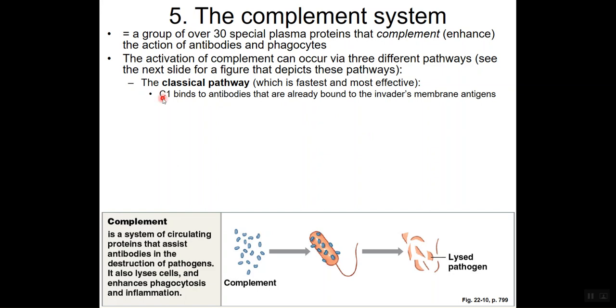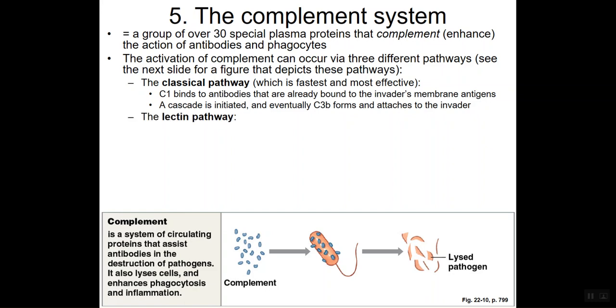And then complement protein C1 recognizes that and kicks off the pathway. There's a bunch of in-between steps we don't need to know, but the end result is the formation of a complement protein called C3b, and it's attached to the bad guy. And again, I've got pictures of this on the next slide. But let's go ahead and take a look at what begins and ends the other two pathways.